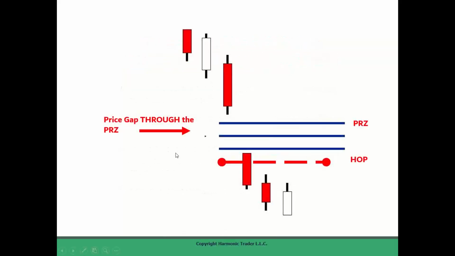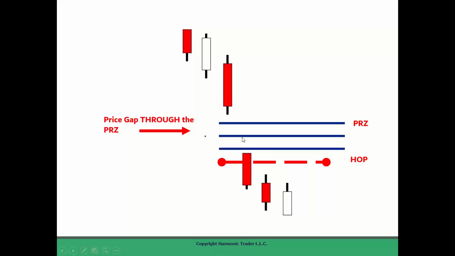Those will be straight on signals where you're sitting at a PRZ like this with a hop level, and say this is some kind of a stock, and it just blows on through. It doesn't matter if that's a retracement pattern like a bat or a Gartley, or even a crab. Sometimes, and we'll look at this tomorrow with the crab in particular, that could be an opportunity, but usually the continuation is clear.